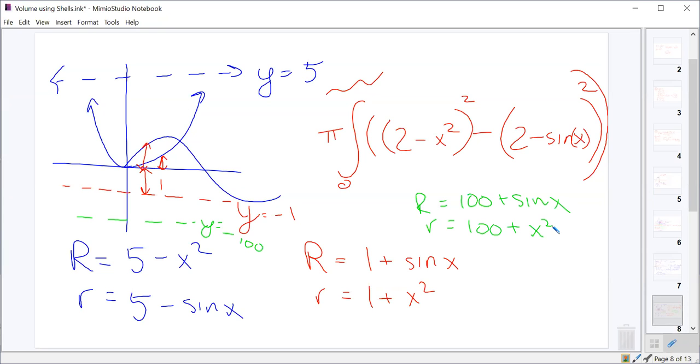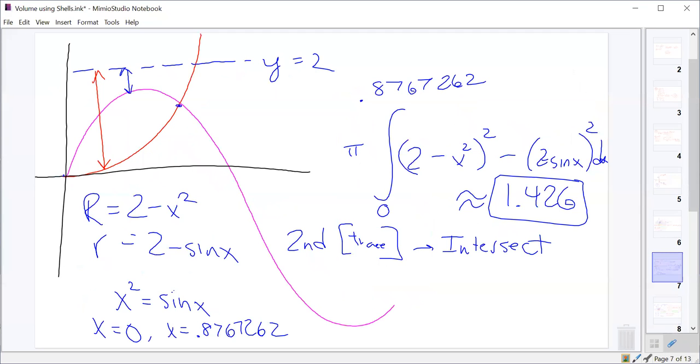Dan, I'm going to go back to the one you were asking. What do you do after you hit second trace intersect? It should say first curve on your calculator, correct? Make sure that when it says first curve, you are to the left of the intersection and hit enter. Then it should say second curve. Use the arrow buttons to scroll to the right of the point of intersection and hit enter again.